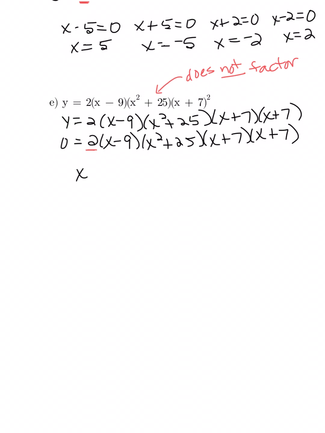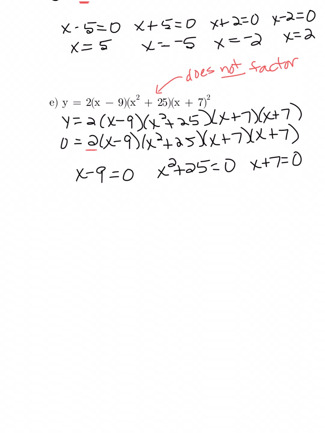X minus 9 we will set equal to 0. X squared plus 25, I'm going to write it down here just to show you what happens. And then x plus 7, we do not need to write it twice. We're only going to write it one time because it's the same thing twice.